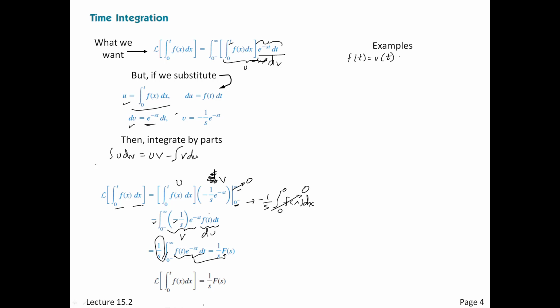And we know that the Laplace of this is 1 over s. In other words, we already showed this. What's the integral of a step function? It's a ramp. Well, I didn't get a very straight line, but it's a ramp.